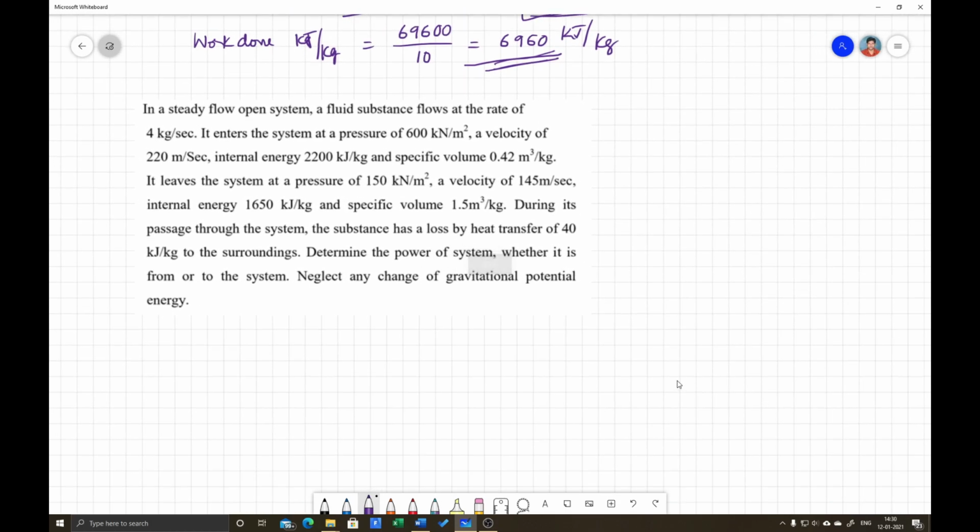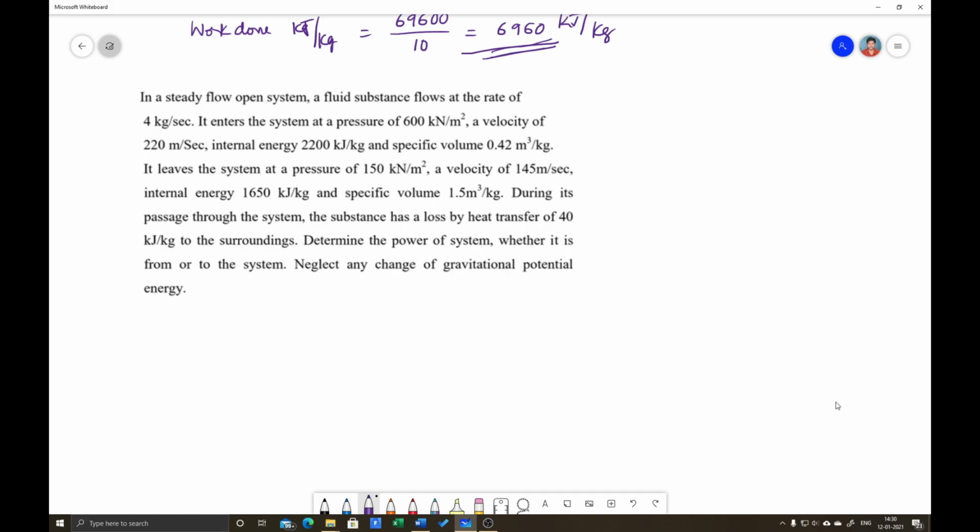It is almost similar to the previous problem, only numerical values have changed. Okay, in a steady flow open system, a fluid substance, so steady flow open system means you have to apply SFE, and you have to write every term. So mass flow rate is given as 4 kg per second.